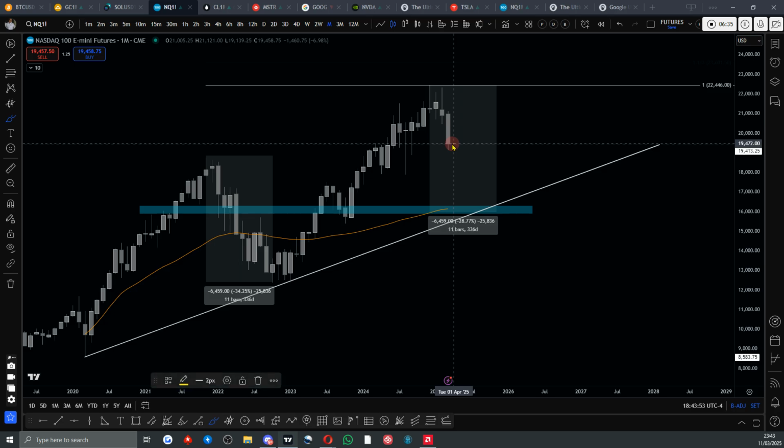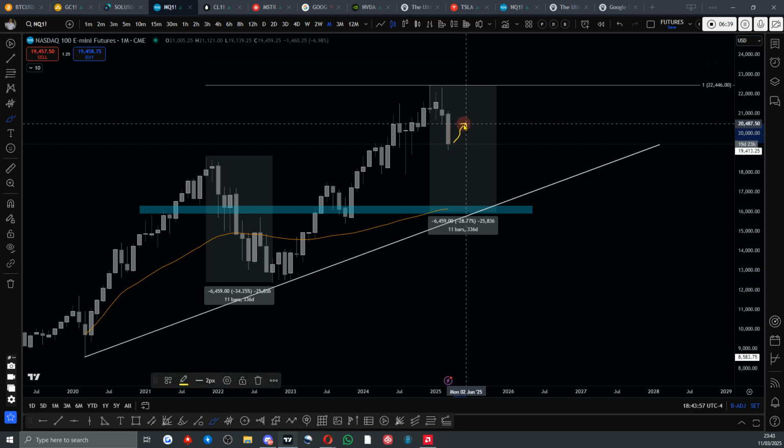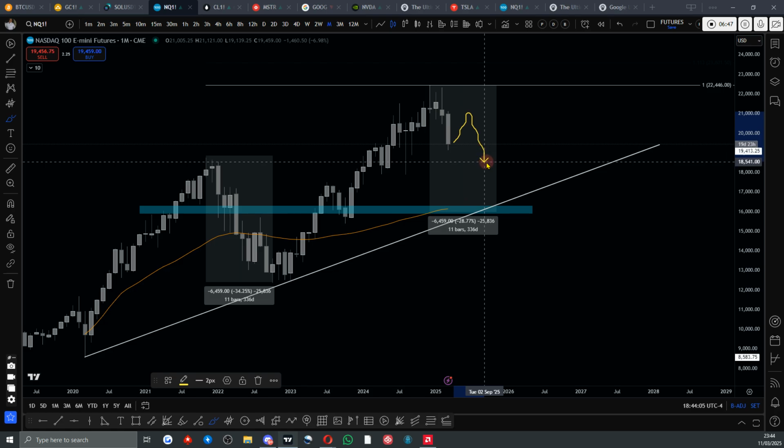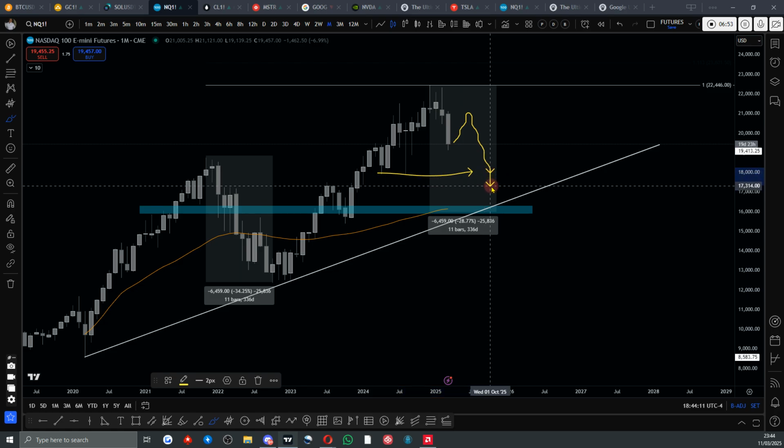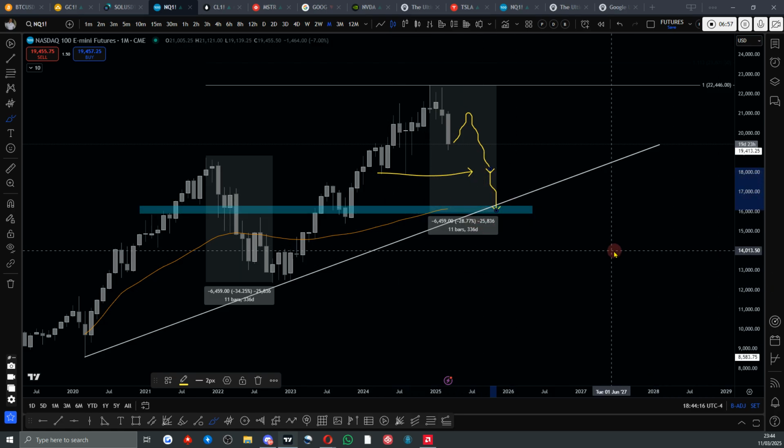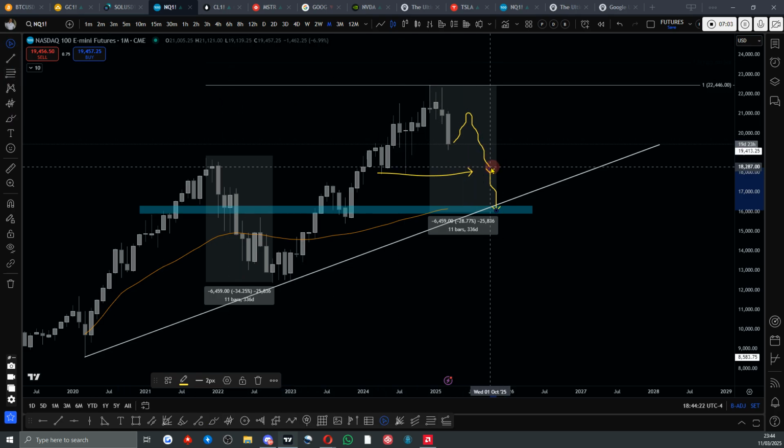We could very well, for example, have an April where we have some earnings out and that could push us up, but eventually lose those levels, and especially this region here, and we're coming down into the 16,000s. That's what I like to see, at least.